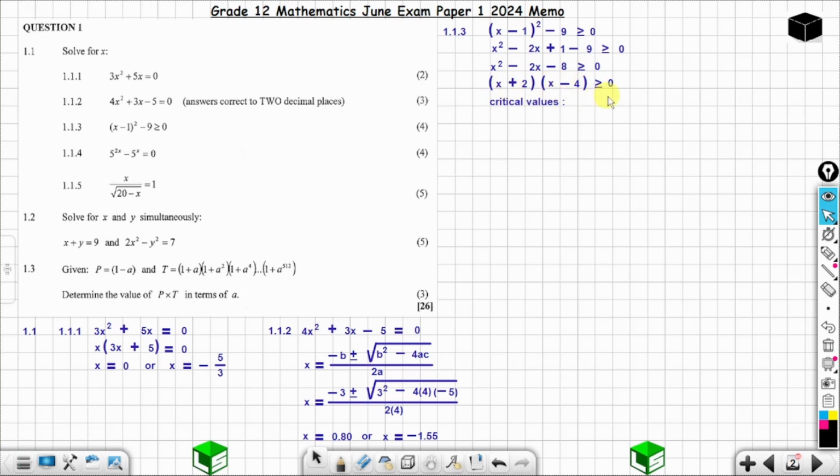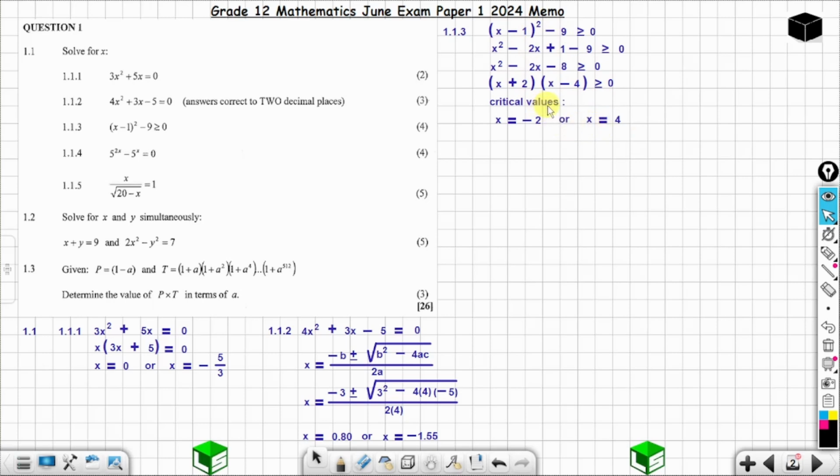You solve for x. These are your critical values. You need your critical values when you are solving for a quadratic inequality.